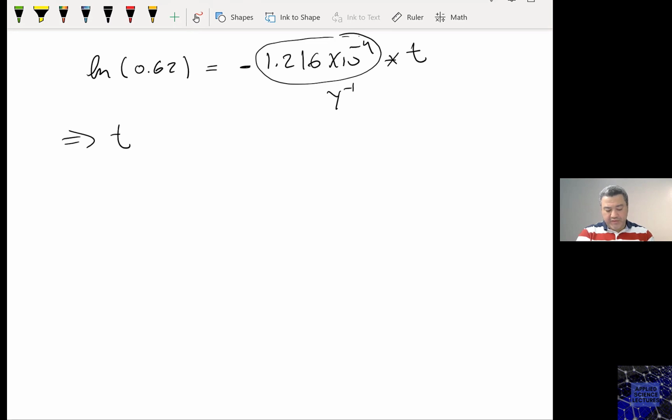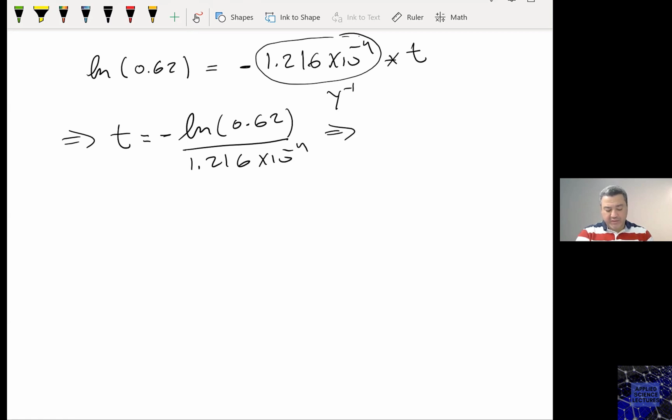Then t equals natural logarithm of 0.62, with a minus, divided by 1.216 times 10 to the power minus 4.